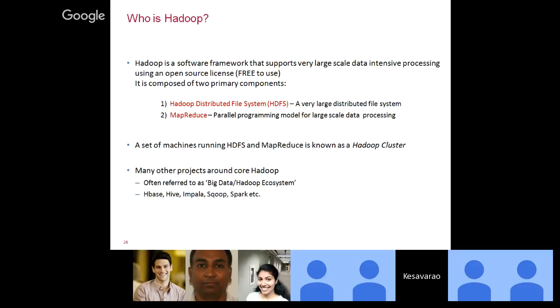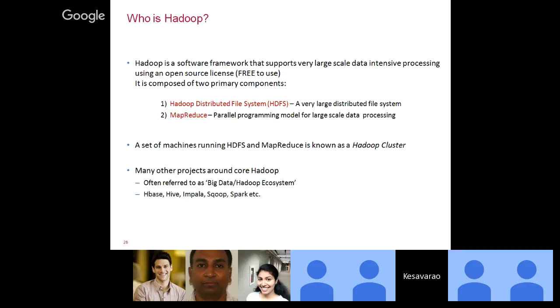Now, a set of machines running HDFS and MapReduce is called a Hadoop cluster. Usually the biggest difference between Hadoop systems and traditional systems is that we used to buy huge capacity servers, like one big system, or one big mainframe, or something like Netezza or Teradata. You take a lot of these big, heavy duty machines. No such thing in Hadoop.